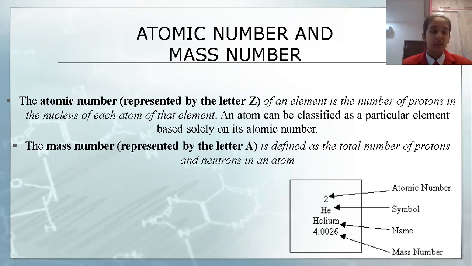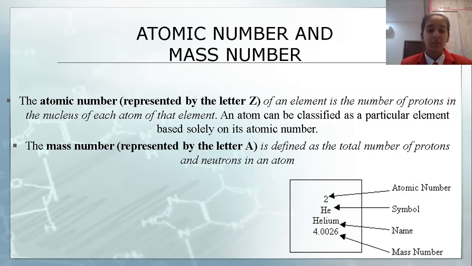Atomic number and mass number. Atomic number, represented by the letter Z, of an element is the number of protons in the nucleus of each atom of that element. It means the number of protons is equal to the atomic number. An atom can be classified as a particular element based solely on its atomic number.